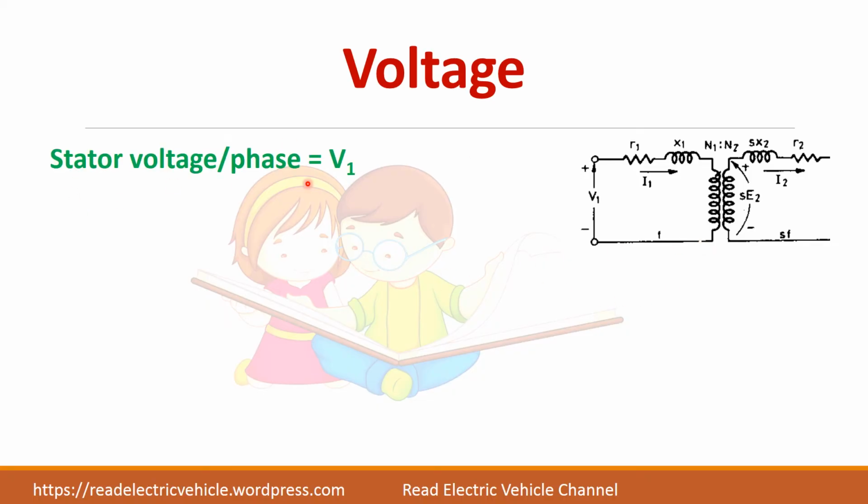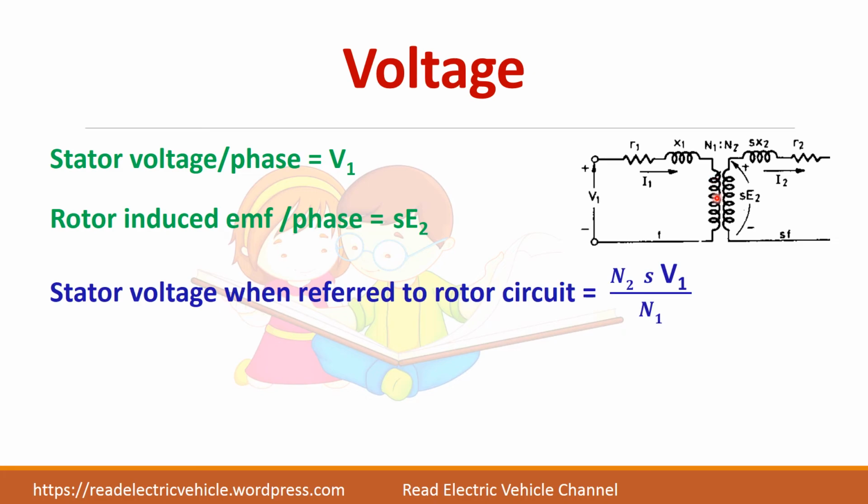So the stator voltage per phase is V1. So this is the stator voltage. So what is the rotor voltage? Here, before the transformer primary side you have V1. This side you have rotor side. So rotor EMF is equal to S times E2. Now you have a turns ratio here. So let us consider the stator voltage when you refer to the rotor circuit. You have to multiply by the turns ratio.